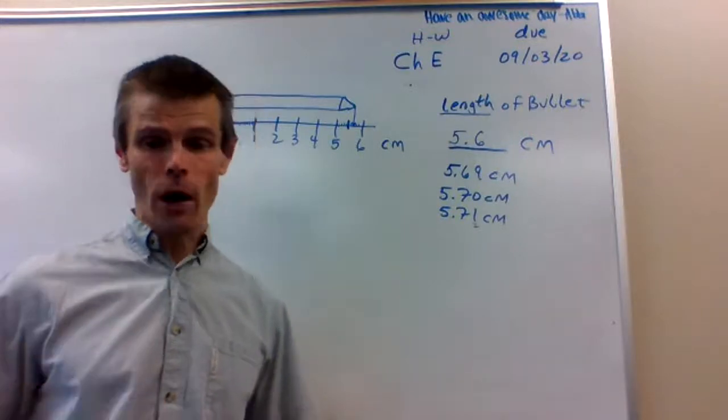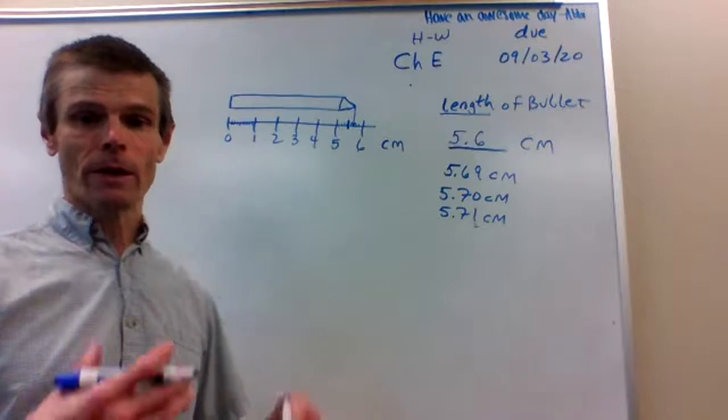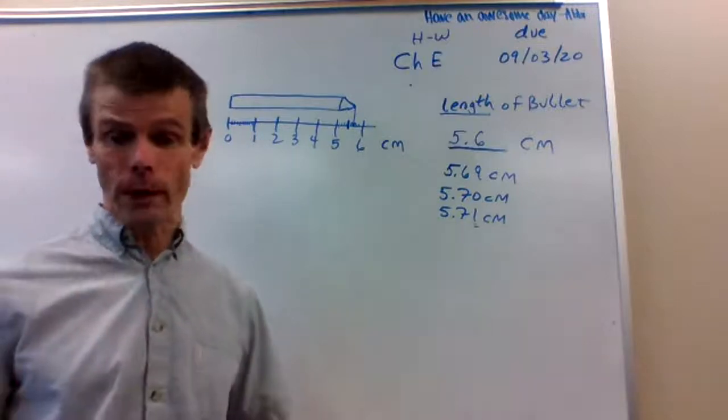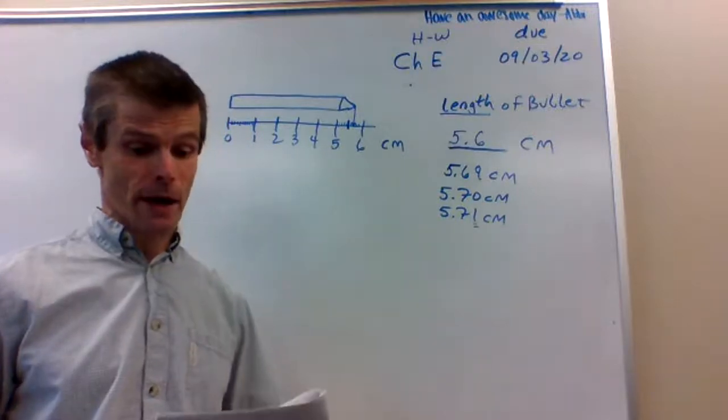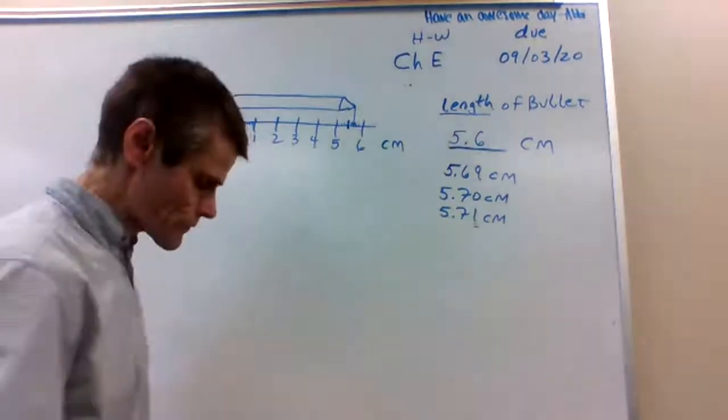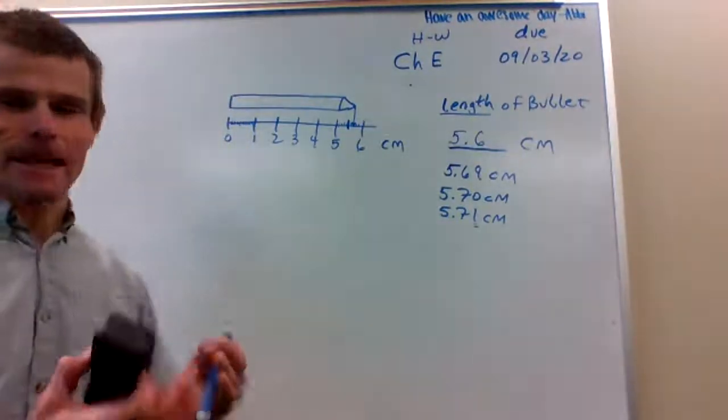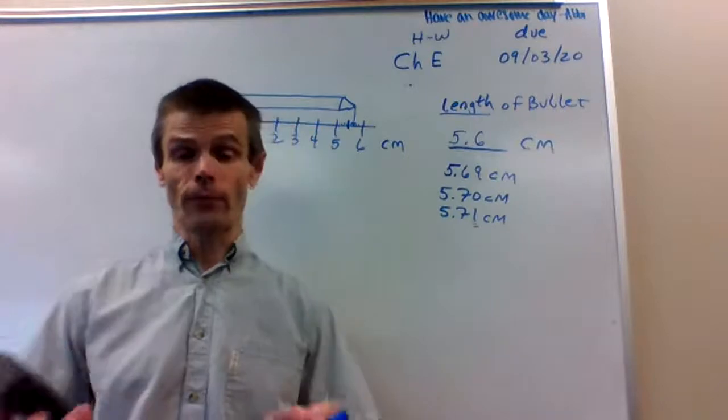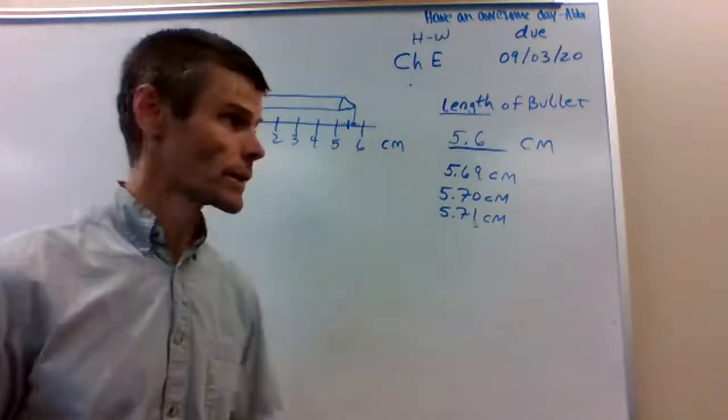It's based upon the level of precision that we're making our measurement from, the instruments that we have available to us. We have some rules for identifying significant figures in the data that we're working with.